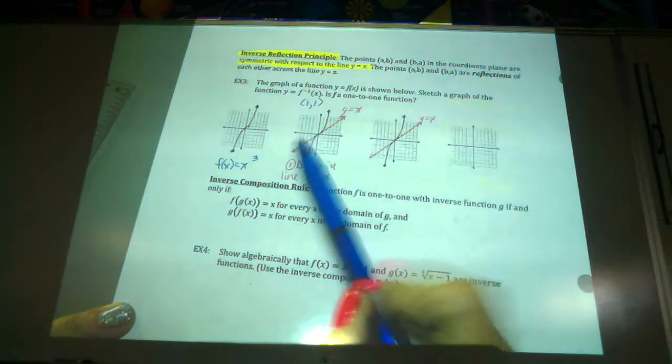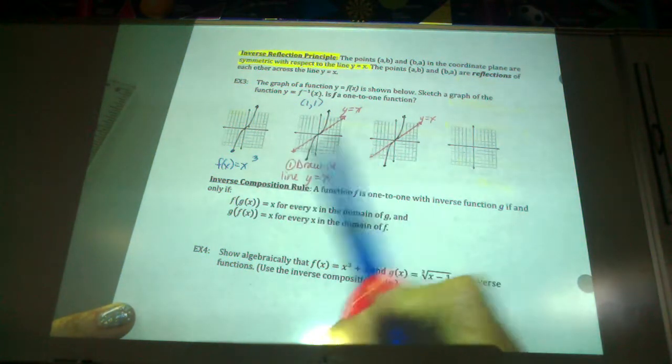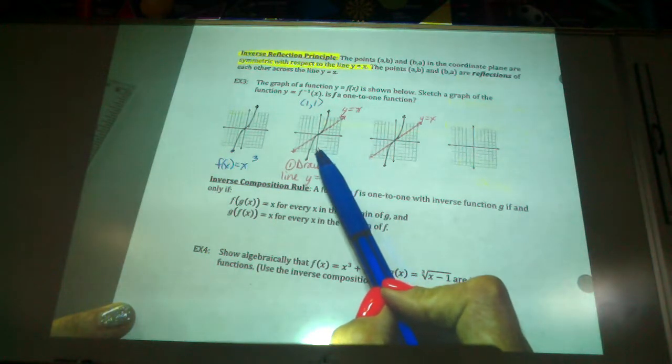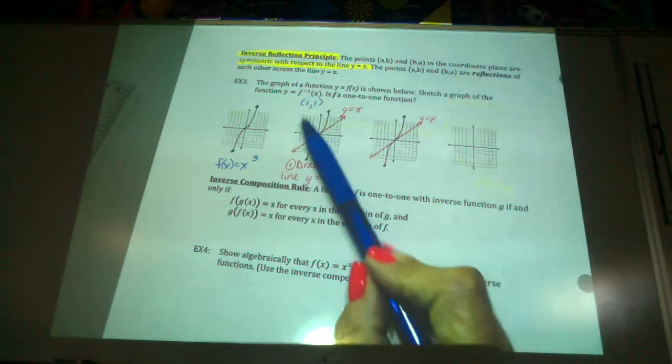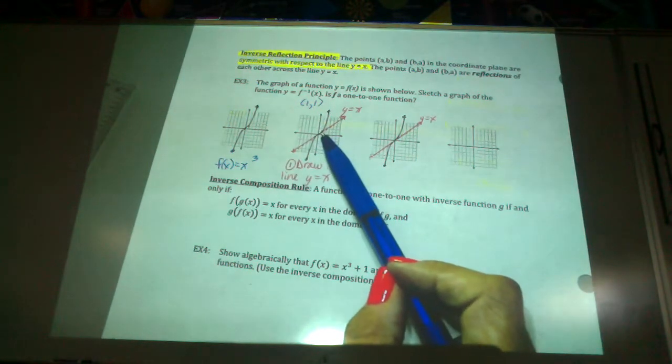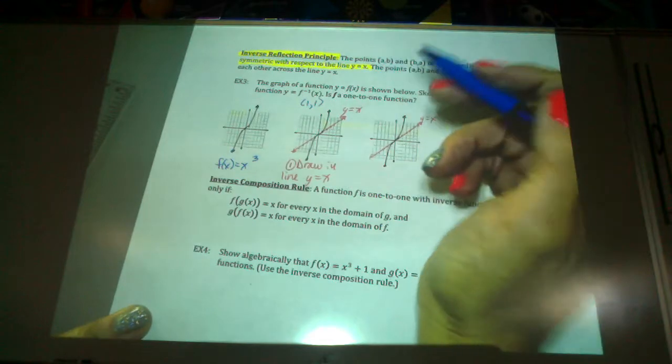Isn't (1, 1) on the y equals x line? If something's on the line, how far is it from the line? 0 distance. So isn't the reflection point also (1, 1)? When you switch 1 and 1, don't they look the same? So they are 0 distance from the line, just to let you know. So it doesn't look like they changed.